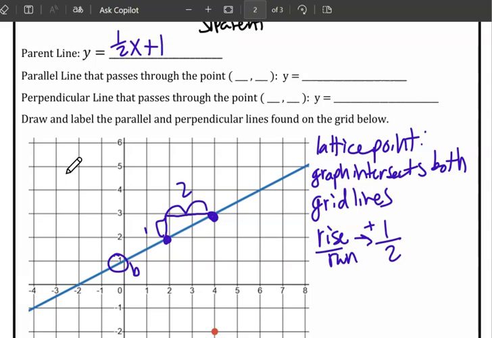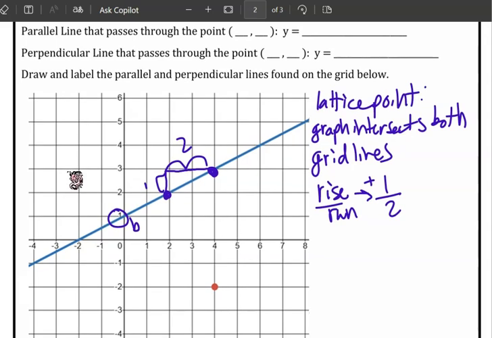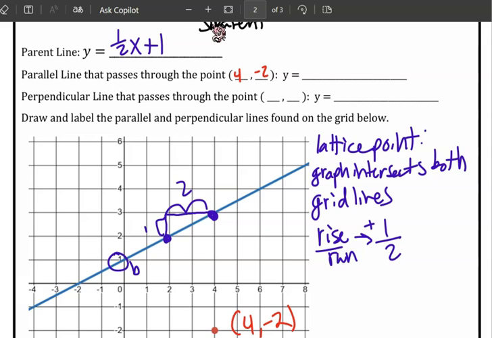And it wants us to find a line parallel and perpendicular through the point that's on the graph. We have (4, -2). Let's fill those in. (4, -2). Parallel lines have the same slope, but different y-intercepts. So we have y equals 1/2 x plus something.